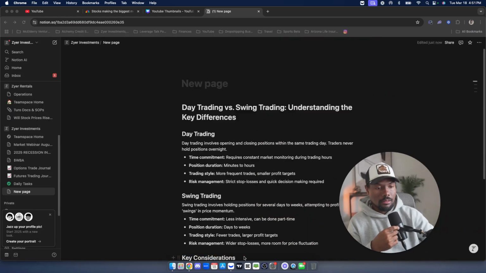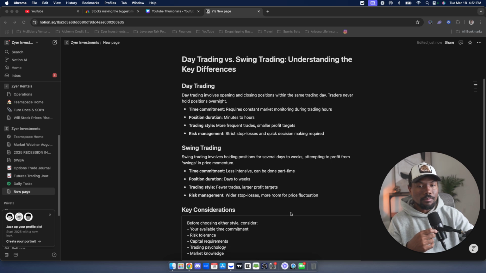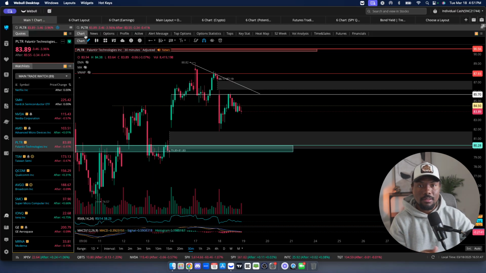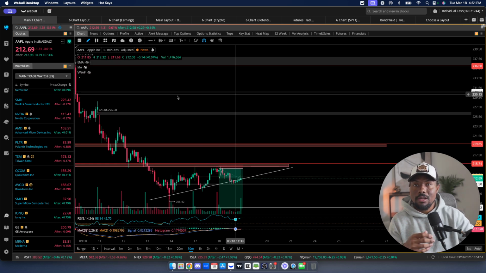All righty. So I've got my Notion template up here, and we've got day trading versus swing trading. The first thing that I want you to understand is the definition of trading. You have long-term investing, which is where the buy and hold method comes in. You buy a share of Apple, for example. At the time of this recording, Apple is at $212.69.